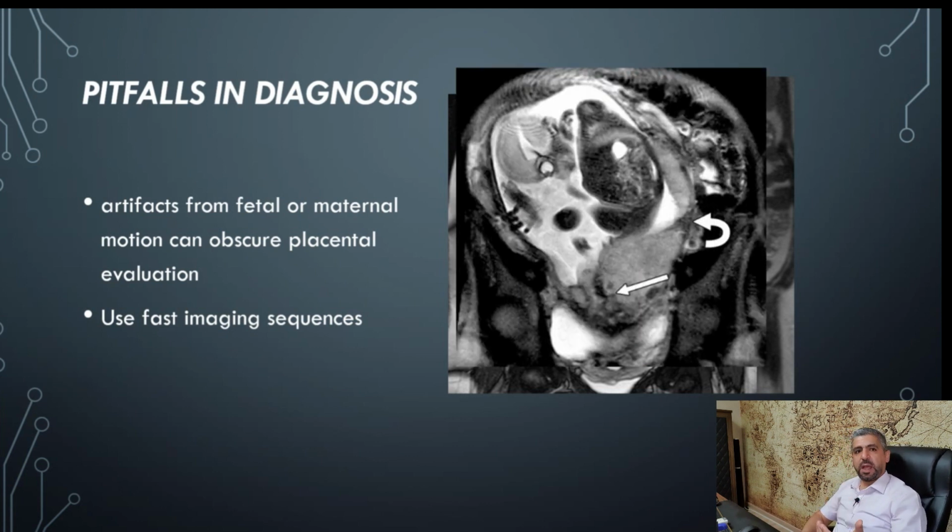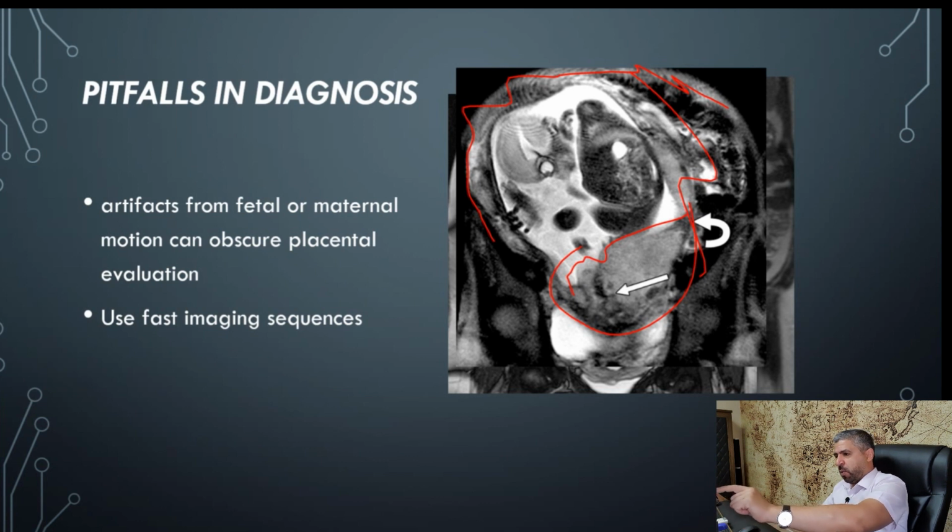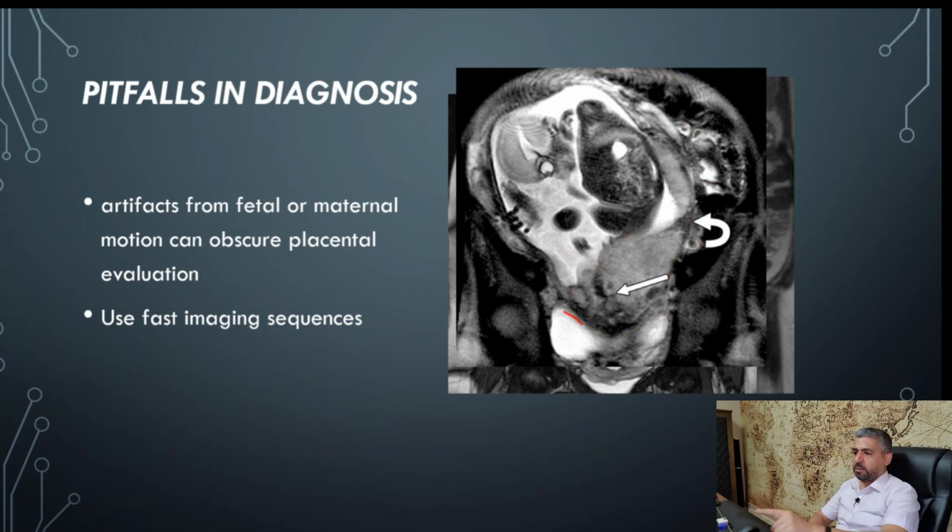And if we use a sequence with long imaging time, which is more like a standard sequence that we use on normal adults all the time, we can see there is obvious irregularity and motion artifact and haziness here and there. And although this is placenta previa, and although we can see some disruption here and there, we can never be very sure that it's a placenta accreta spectrum.